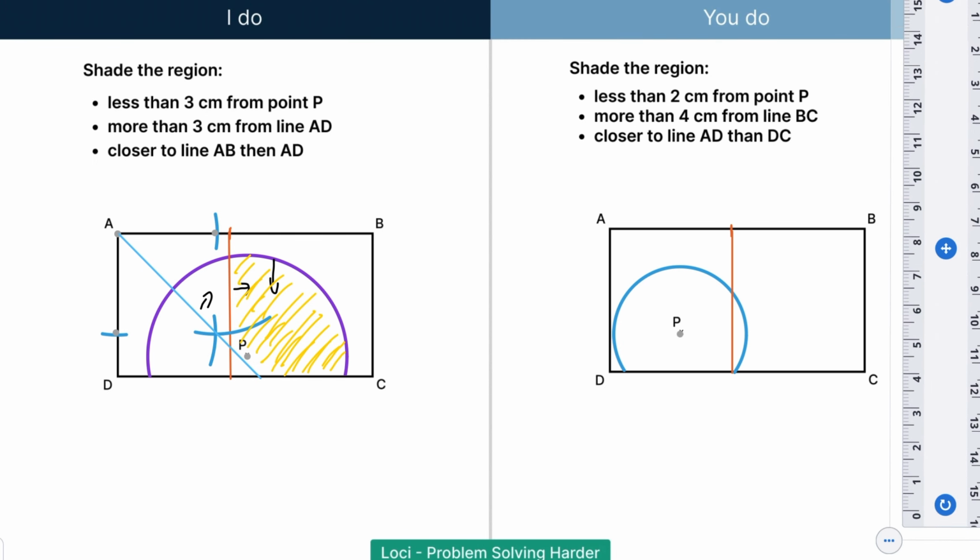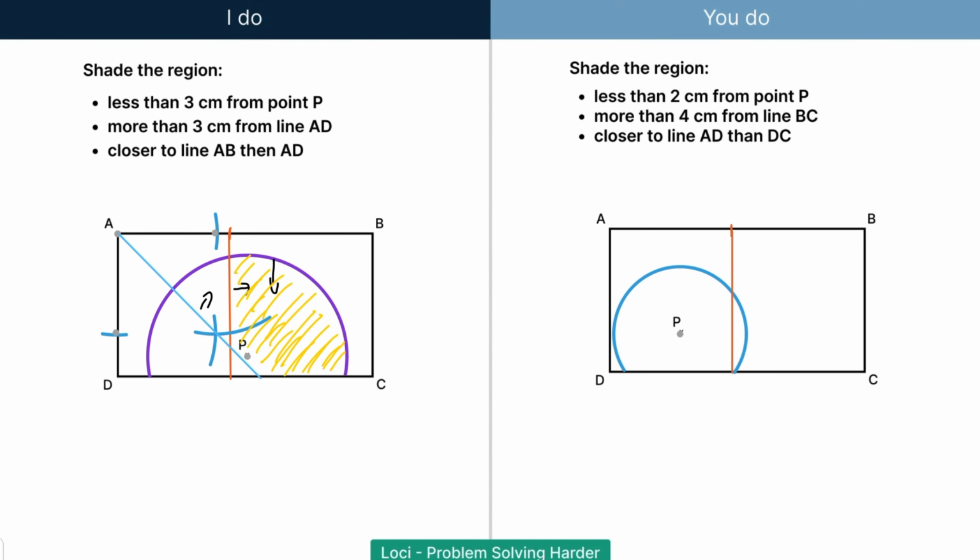That's that drawn. And if I read the final constraint, it's saying closer to AD, which is this one here, than DC, which is here. So I need to bisect using the compass that bit there.